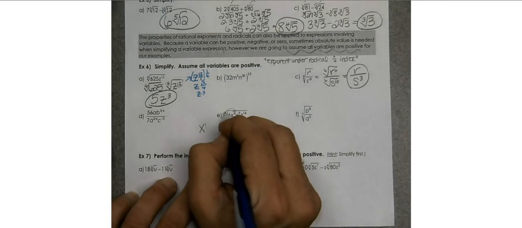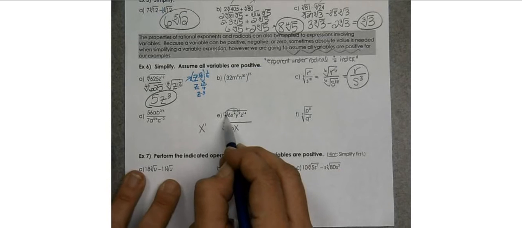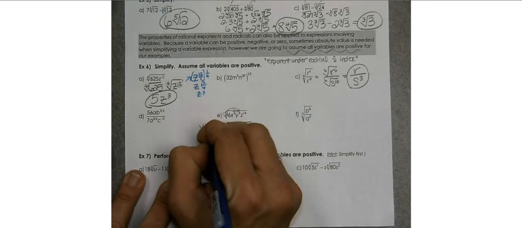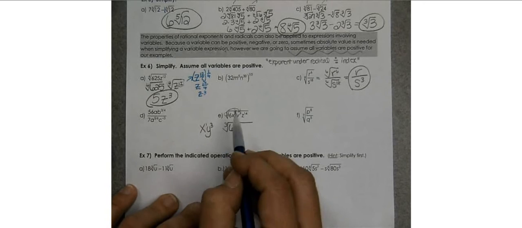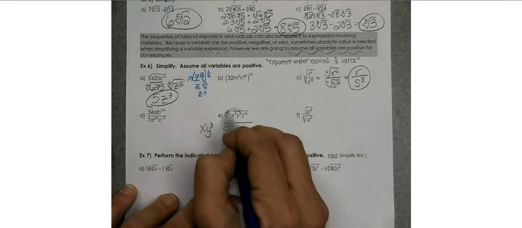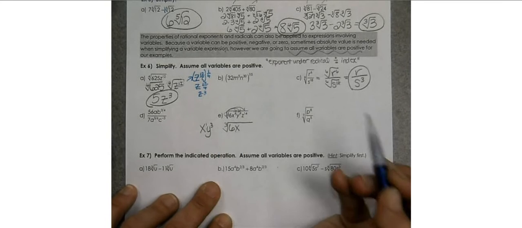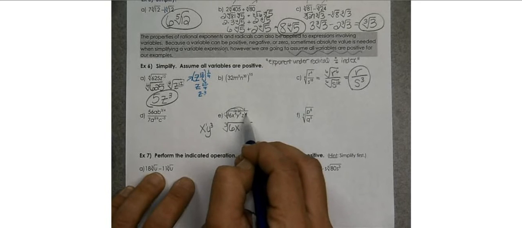Now let's take 3 into 9. 9 divided by 3 is 3. So that exponent of 3 goes on the outside with the y. 3 goes into 9 evenly, so I don't have any y's left on the inside. Now let's take 3 into 14. So 3 goes into 14 4 times.